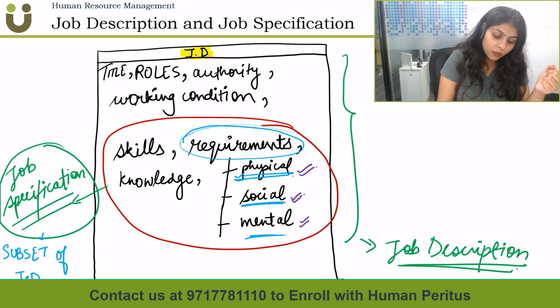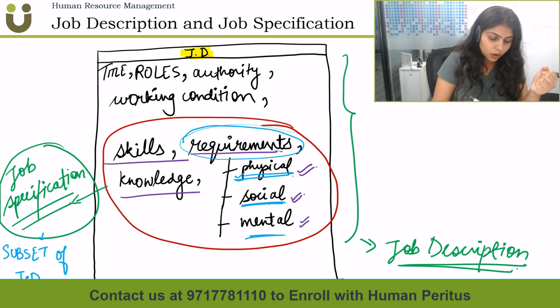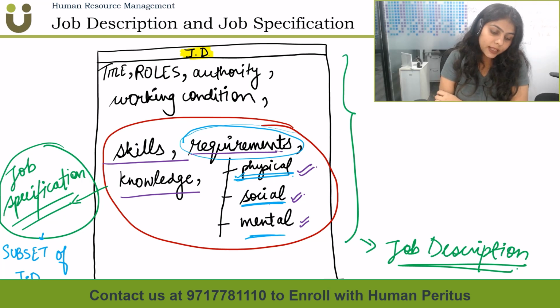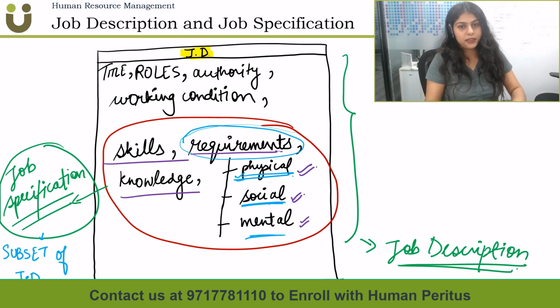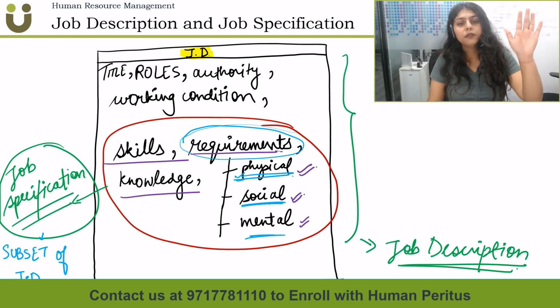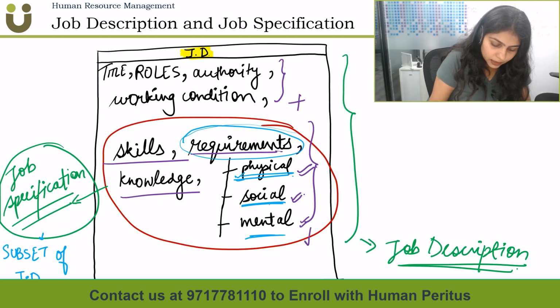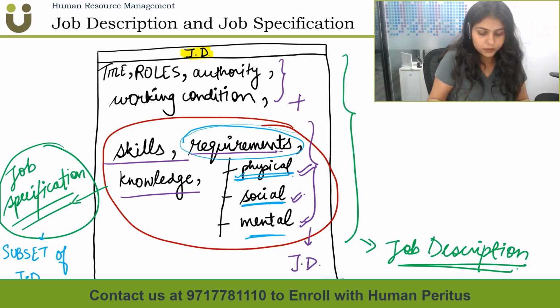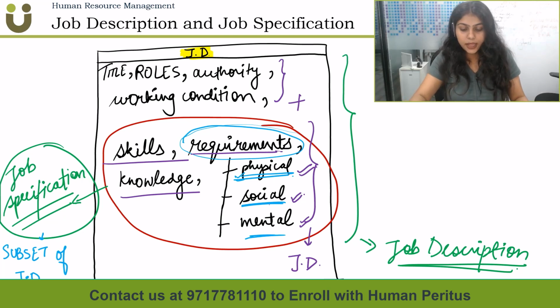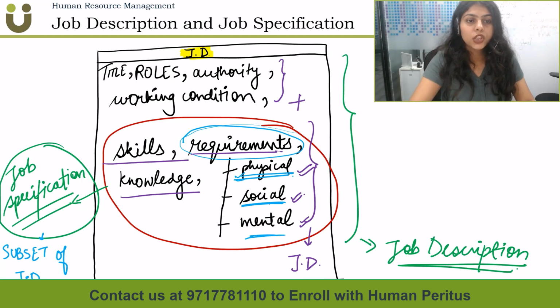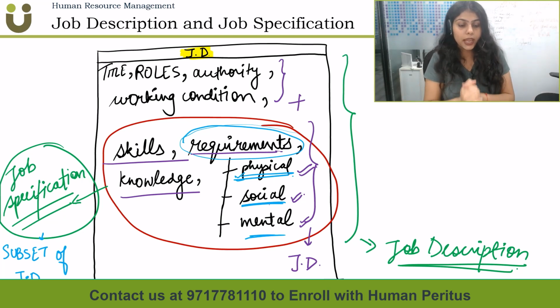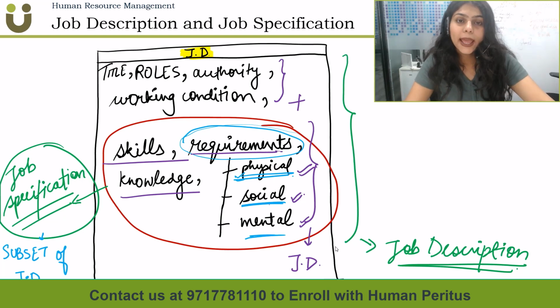So the requirements, skills and knowledge are part of the job specification, but everything including the job specification is a part of the JD. So these, when combined with this, make a job description. And that is the key difference and the definitions of job description and specification. I hope this makes it clear, and thank you so much.